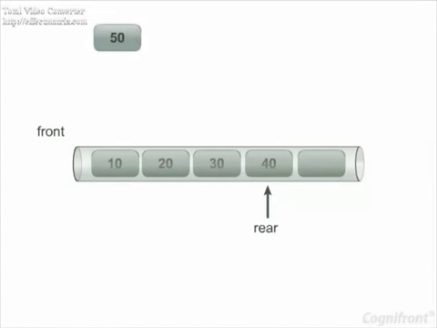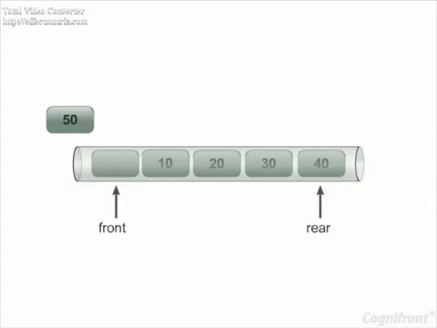Now if we wish to insert 50 from the front end, then first we have to shift all the elements to the right, and the DQ will be like this.